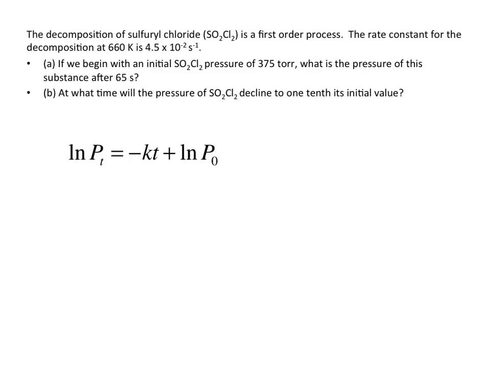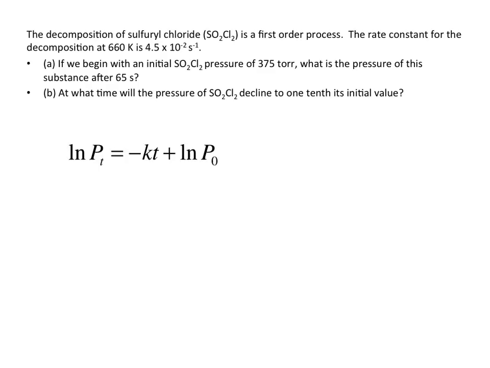Let's walk through a problem together where we utilize these integrated rate laws. In this case, the decomposition of sulfuryl chloride is a first-order process, and we have a rate constant of 4.5 times 10 to the negative second. If we begin with an initial sulfuryl chloride pressure of 375 torr, what is the pressure after 65 seconds?